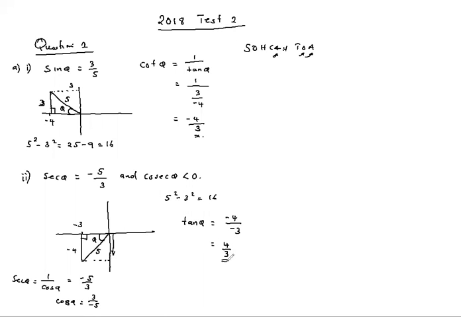And that's the reason why we say tan is positive in the third quadrant. You can see it has come out positive. And that's how we get that. So that was 2. So we go to question 1b.